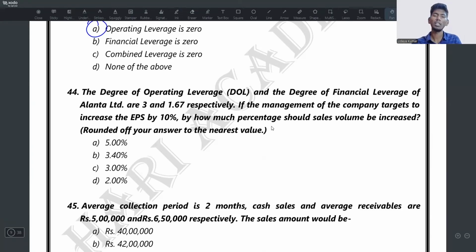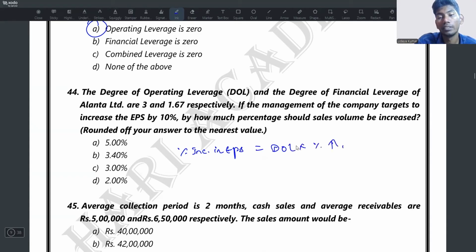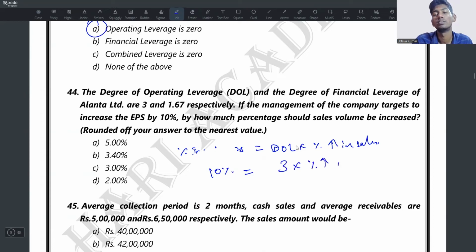So it's quite easy. Percentage increase in EPS is equal to DOL into percentage increase in sales. Percentage increase in EPS is 0.10 or 10%, equal to DOL, which is 3, into percentage increase in sales.